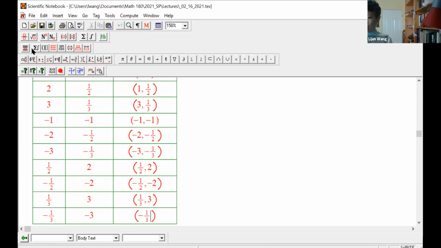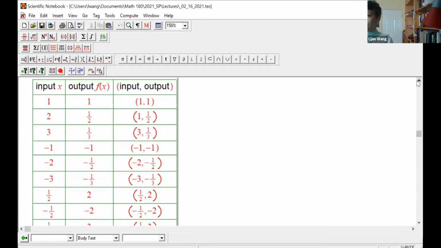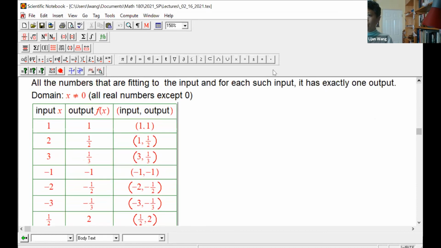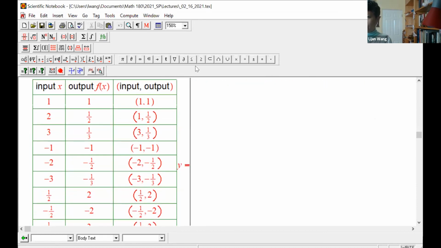Input, output. And we put all of these points together, guess what we get? Now I want you guys to have paper and pencil with you and plot all of these points. Are you guys doing that? I'm doing that along with you.